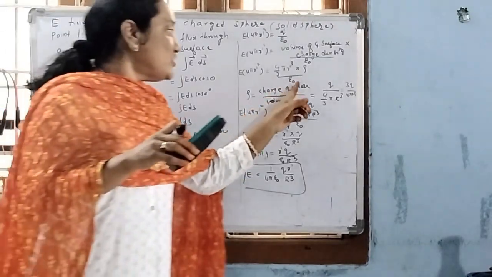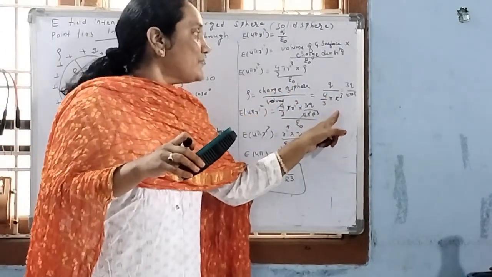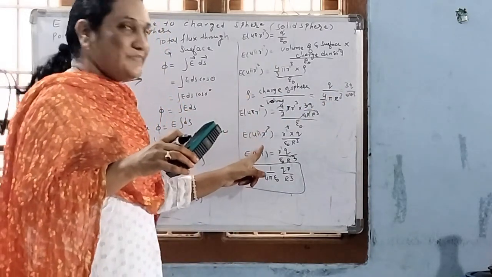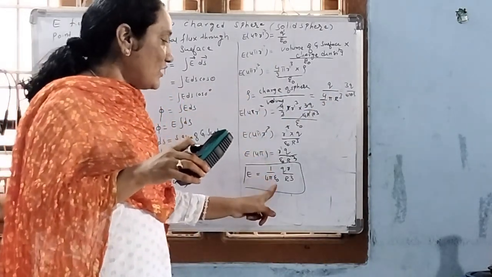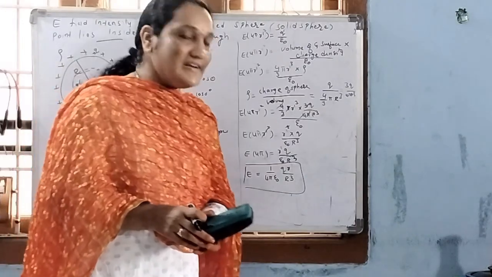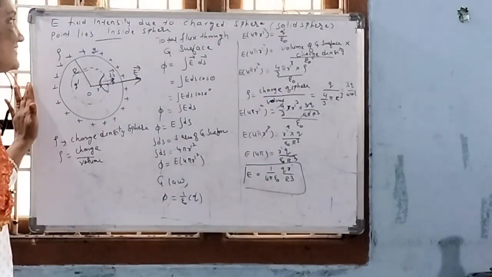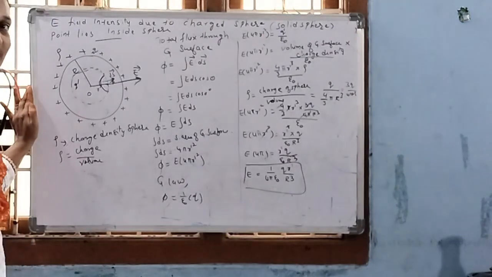So we got 3q by 4 pi r cube. On substituting, we get E equal to 1 by 4 pi epsilon naught q r dash by r cube. So this is about when point lies inside the sphere.